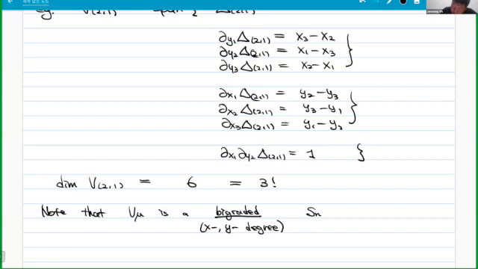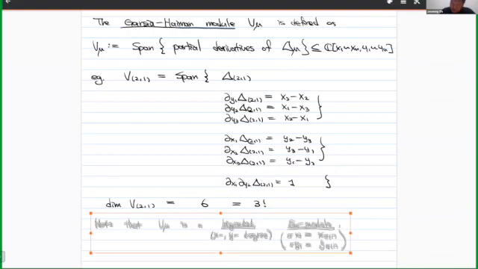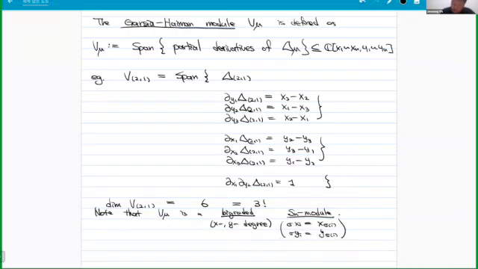And it is an S_n module where the S_n action is a diagonal action. So sigma acting on x_i is x_sigma(i), and sigma acting on y_i is y_sigma(i). So it's diagonally permuting variables.